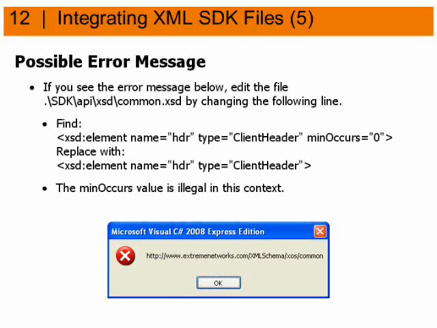This file is part of the SDK and is located in the directory /SDK/API/XSD. Change the line shown on the screen by removing the following text string: minOccurs=0. This text is located on or around line number 658. The minOccurs value is illegal in this context.